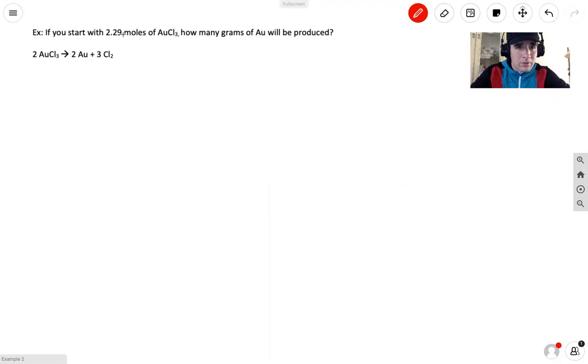We are starting here, and we're ending in grams of gold. So we're starting with 2.29 moles of gold trichloride and we're ending in grams of gold. We're going to have to use a molar ratio as a bridge to go from gold trichloride to gold. All right, so let's get this problem started.